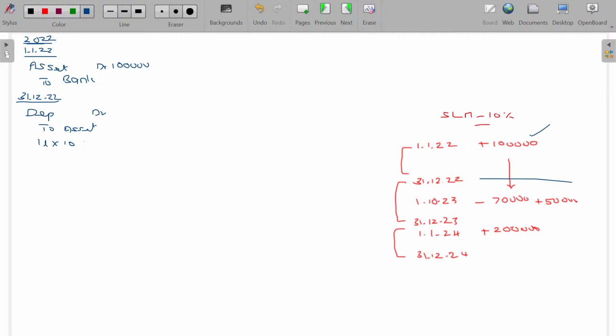The rate of depreciation applicable in this illustration is 10% under the straight line method, so the applicable depreciation is 10,000. As the year end comes, all the nominal accounts will be transferred to the P&L account. So the depreciation should be transferred to the P&L account: P&L account debit to depreciation, with this value being 10,000.